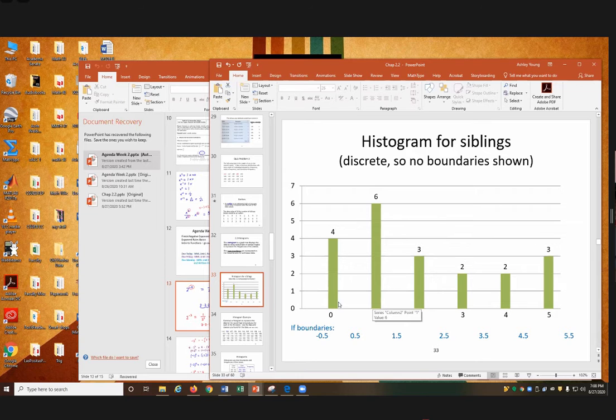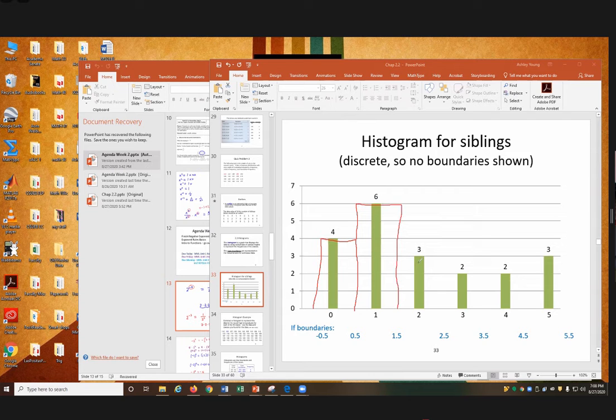Now, I would be okay with you doing this, and actually if you use boundaries, that works for all histograms. There are so many different ways of doing histograms. I'm just going to show you the easy, simple way. You can do it this way or any other way that works for you. It goes between these boundaries down here. See the boundary, negative 1.5, positive 1.5? So this bar goes between those boundaries, and then 1 would be between the boundaries of 0.5 and 1.5.